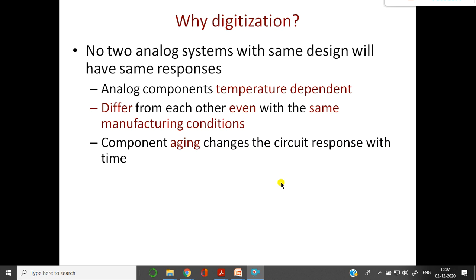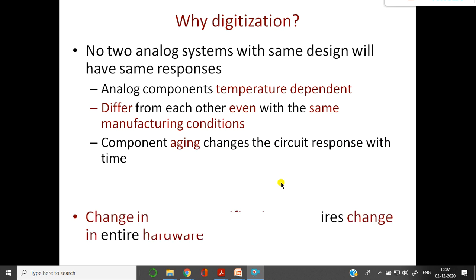So that's how the circuit response changes with component aging. These are the major challenges we face with analog components.